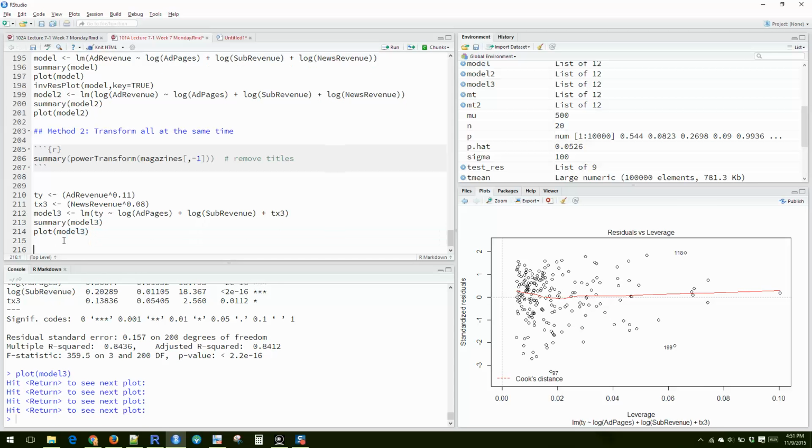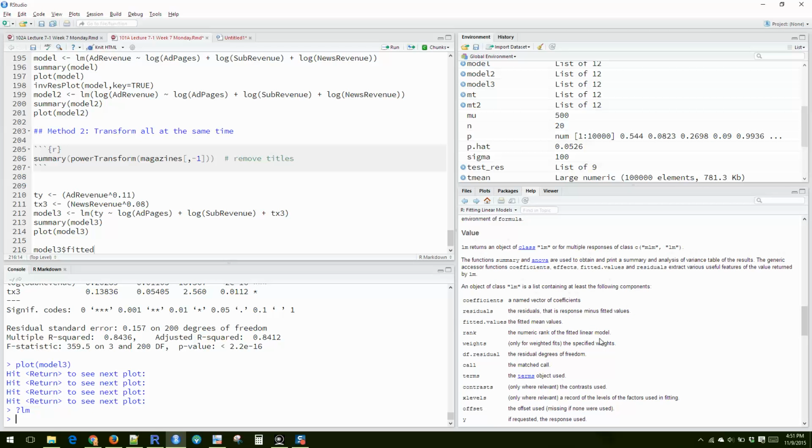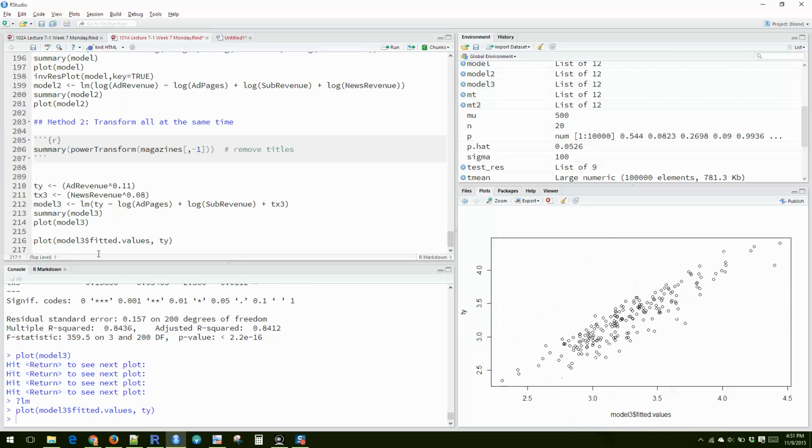And we can do kind of a fitted values, model 3 dollar sign fitted dot values. Okay. So we'll plot transformed y, fitted values versus our transformed y, and that looks pretty good in terms of straight line regression.